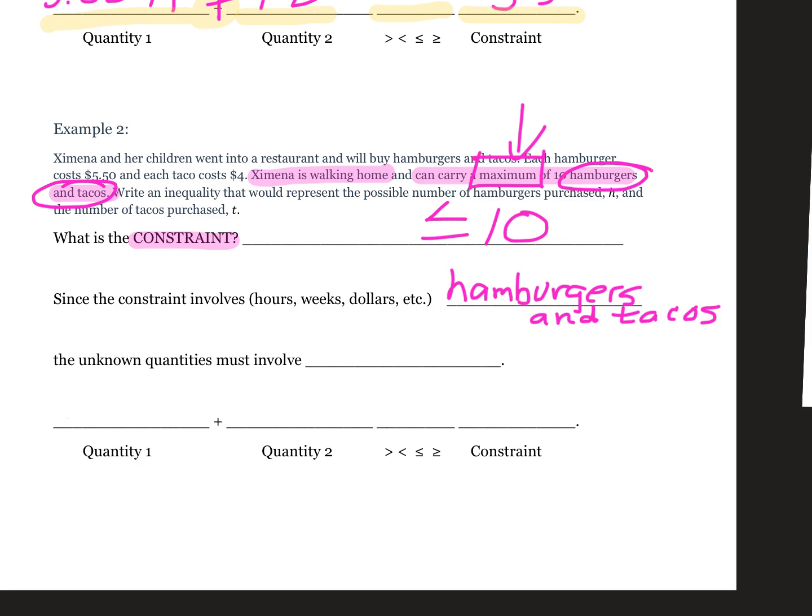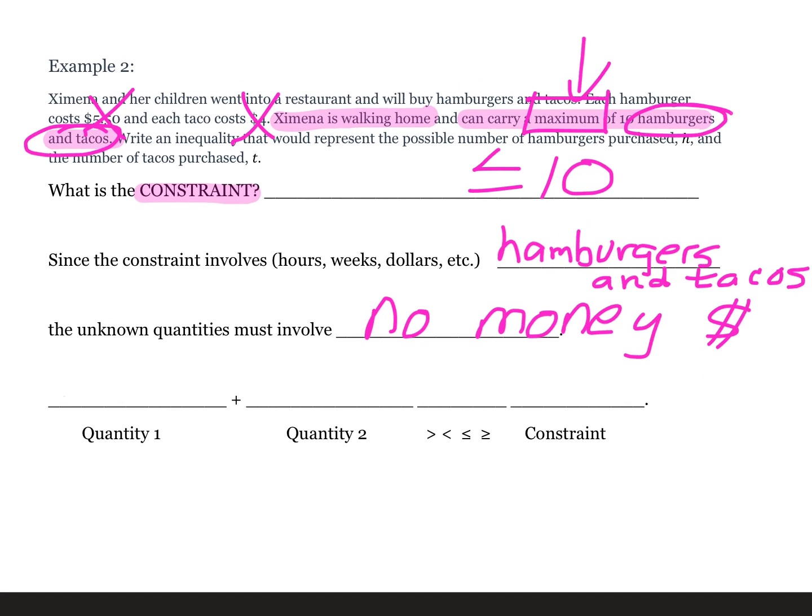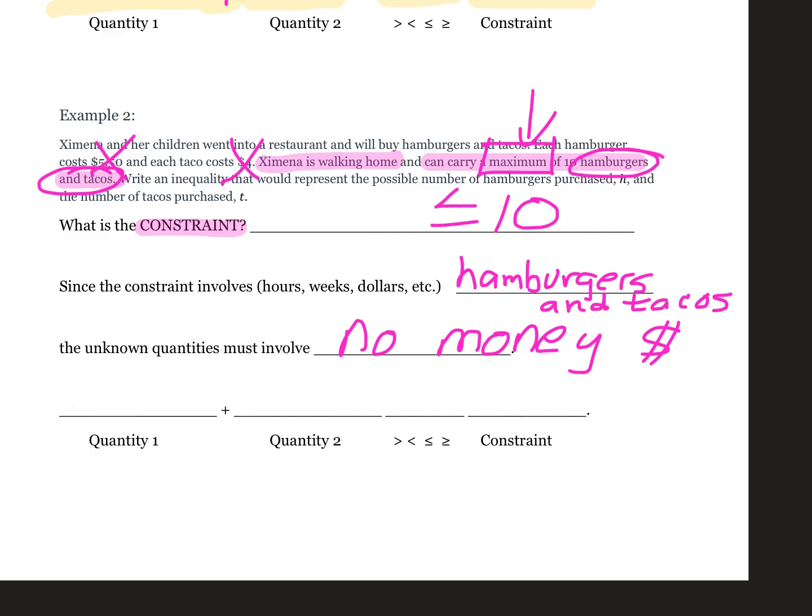I'm not going to include the prices of $4 per taco and $5.50 per hamburger because my constraint this time does not involve money. So the money should not be part of my inequality.